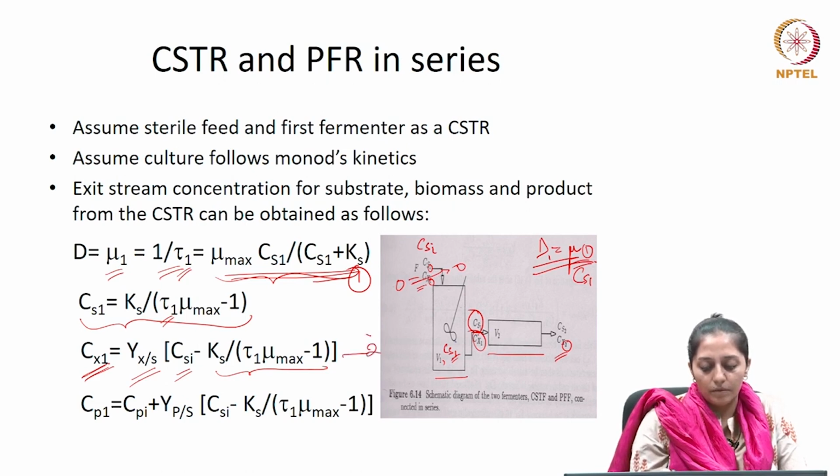So this is how we can determine CX1. And similarly, if we know the yield coefficient Yp/s, this we already know.